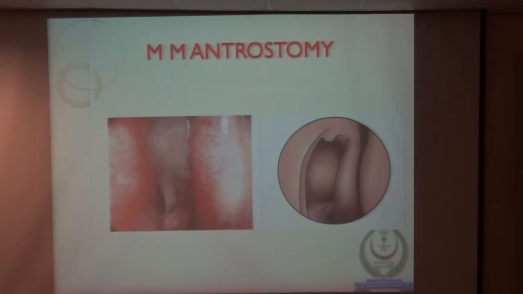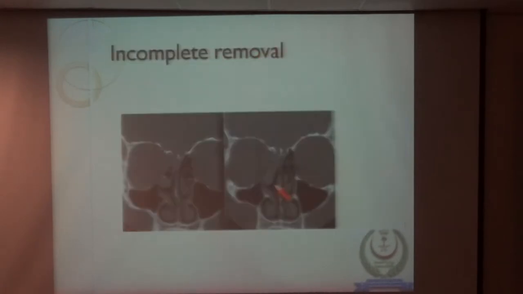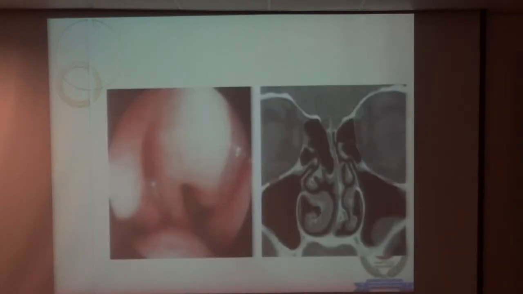Usually it's higher and behind the uncinate process. Leaving part of the uncinate process is one of the important causes of failure of middle meatus drainage.